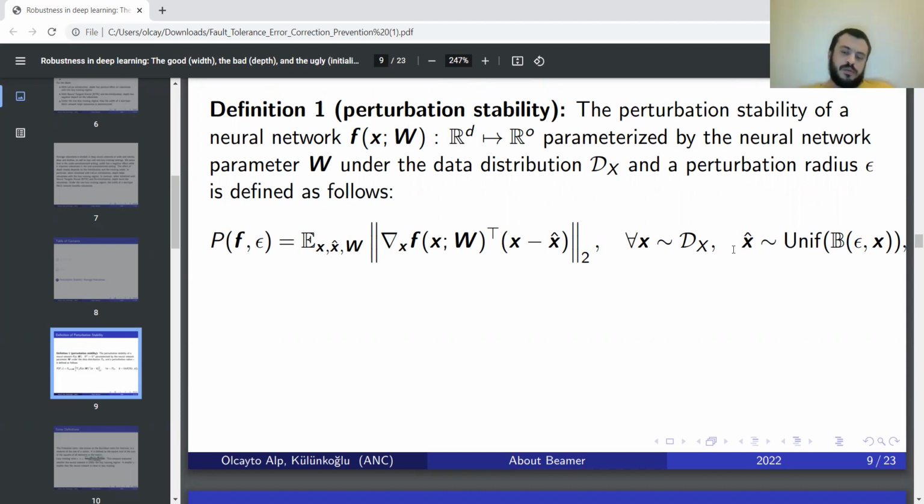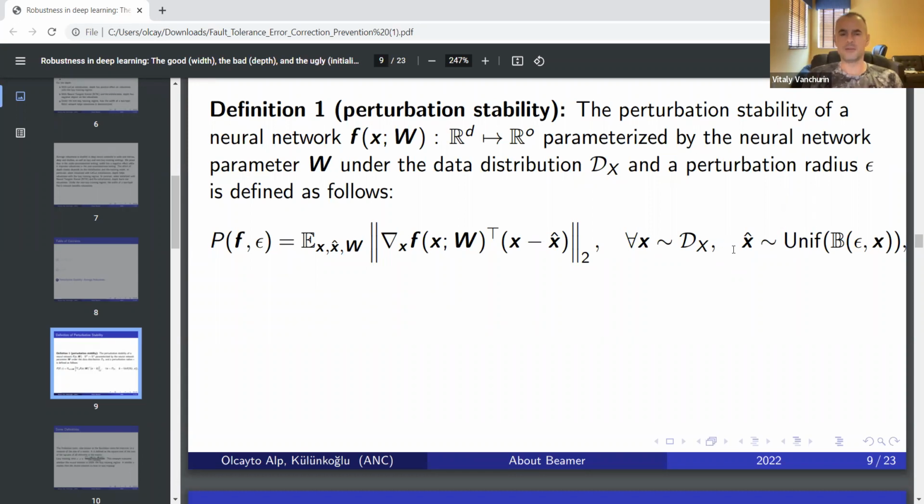And for what distribution do you calculate the expectation value? Both, apparently, because you see the expectation with respect to x and x hat. So you calculate the expectation value with respect to both distributions, the data distribution and the uniform distribution. I'm not sure I understand why. I understand why the gradient of f is relevant, because that shows you how, through the activation dynamics, perturbations would either grow or decrease.